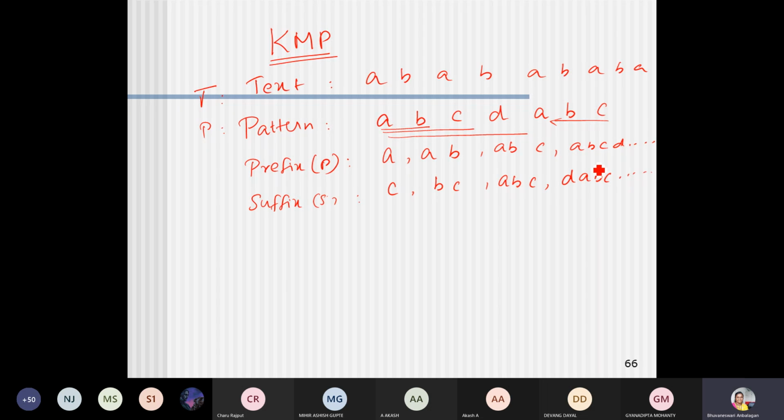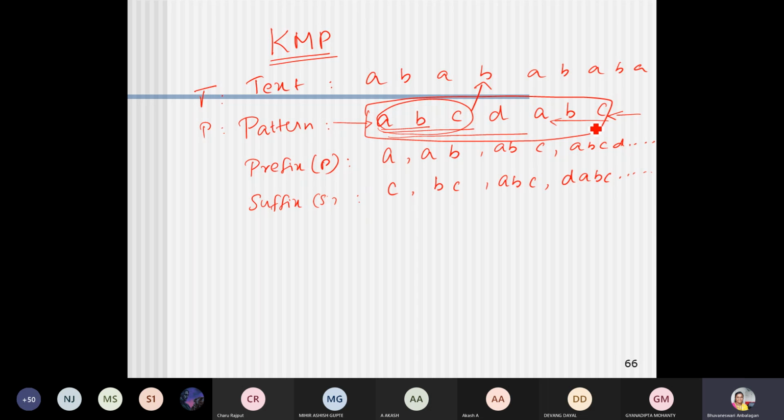So like this, you read the pattern, the particular substring that you are going to search in the main text, and you check whether there is any match between the prefixes and suffixes that you have. That means from the forward direction and from the reverse direction, is there any common term available?